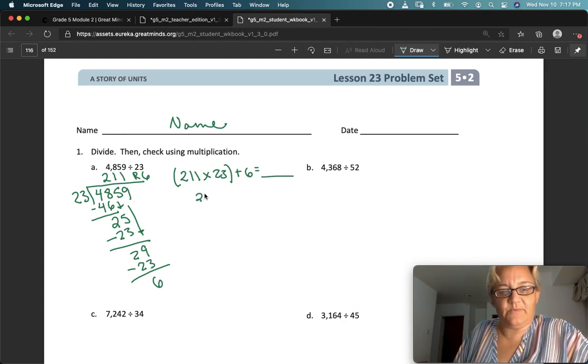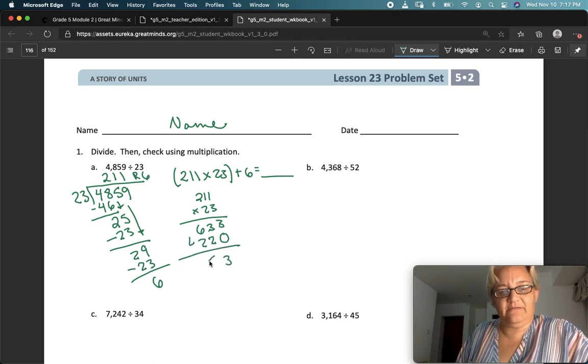Let's try it. 21 times 23. 3 times 1 is 3. 3 times 2 is 6. Drop a 0. 2 times 1 is 2. 2 times 2 is 4. Now I have 3, 5, 8, 4. Okay.